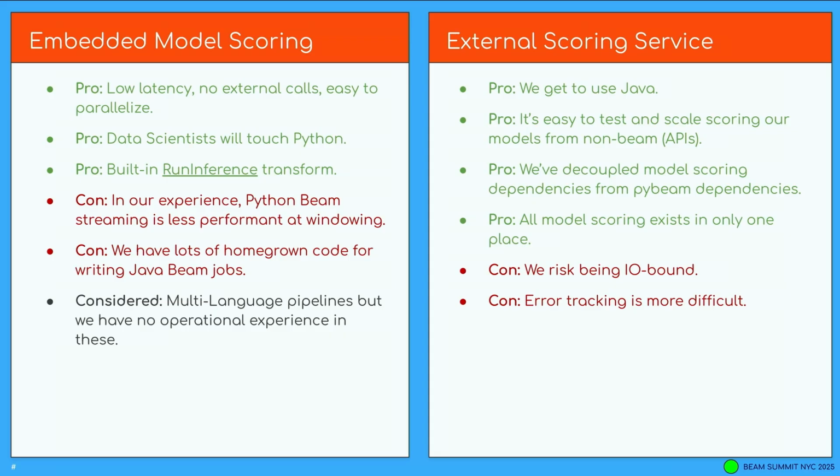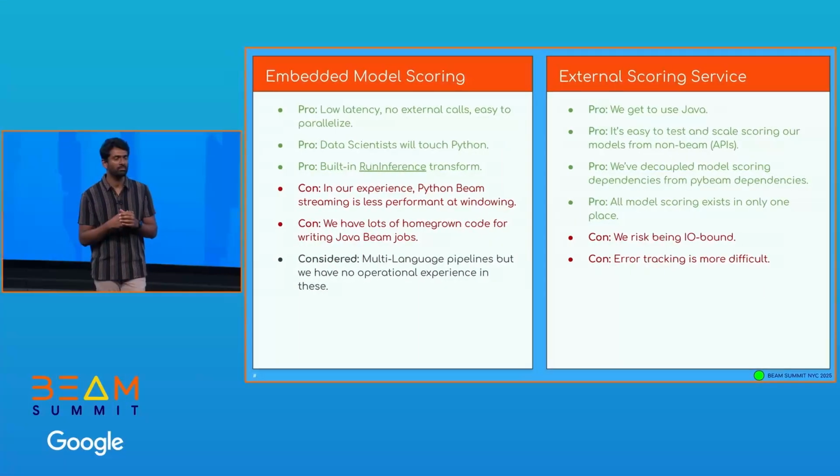And like other talks are mentioning, we could use YAML configs within the Beam pipelines and have our data scientists directly write the Beam pipelines for inference as well. We also considered using multi-language pipelines because most of our code is in Java Beam.